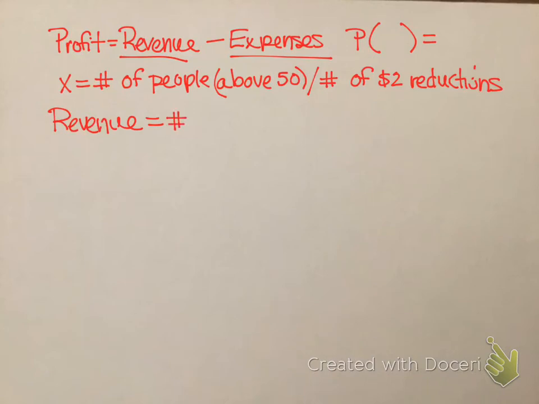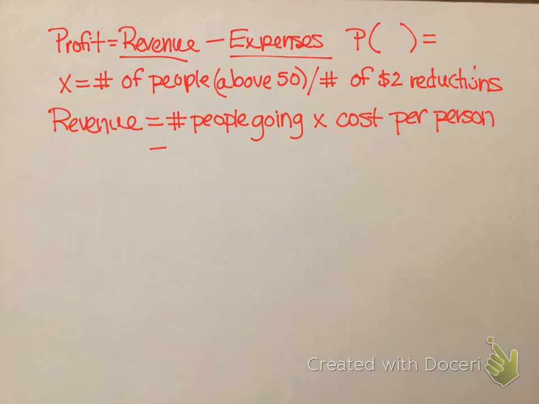So the number of people going times the cost per ticket, per person. So let's see if we can set up a function in terms of x for my revenue.